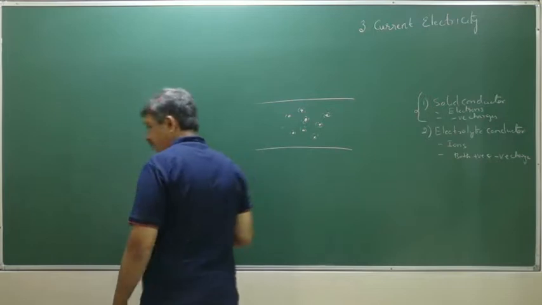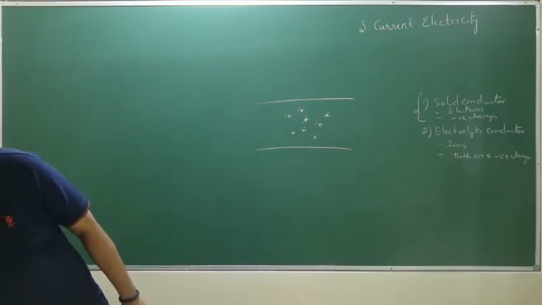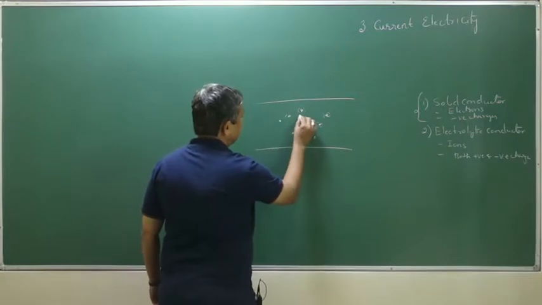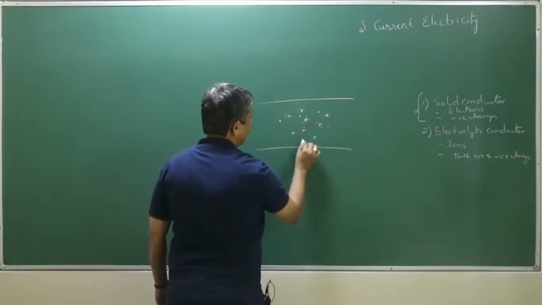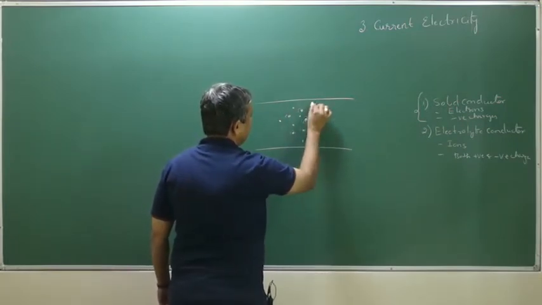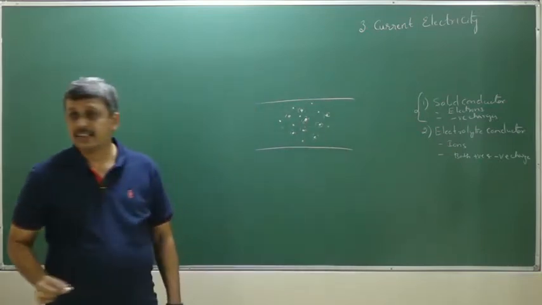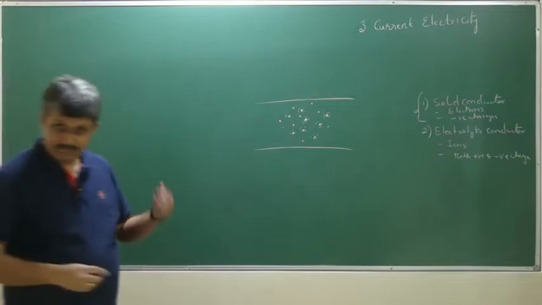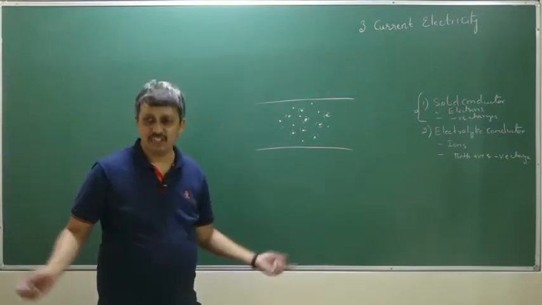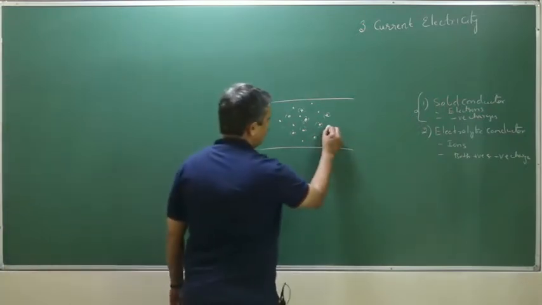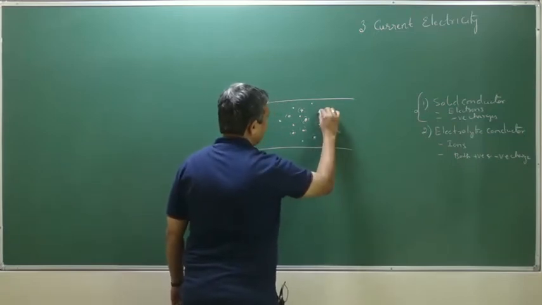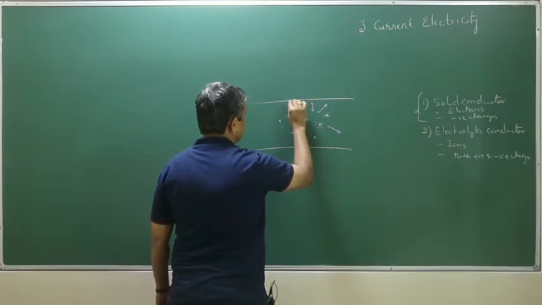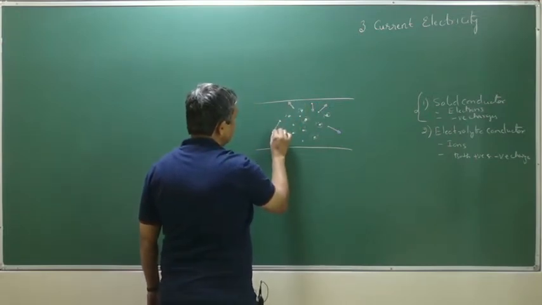I will call these outermost shell electrons, and they will be continuously moving in random directions. So this electron, let us say, is moving like this, this like this, like this. They are moving in random directions.